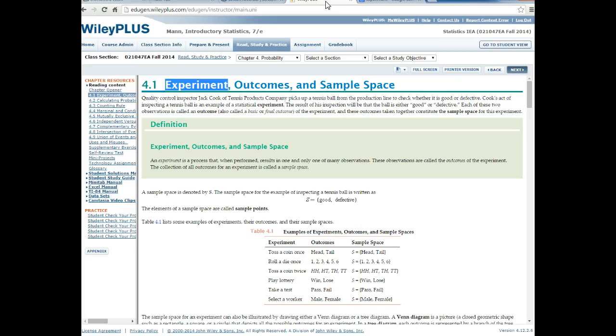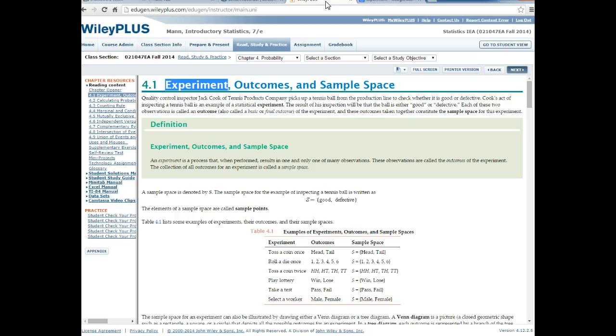And when we talk about the set of all the outcomes, the set of all possible outcomes of an experiment is called the sample space for that experiment.